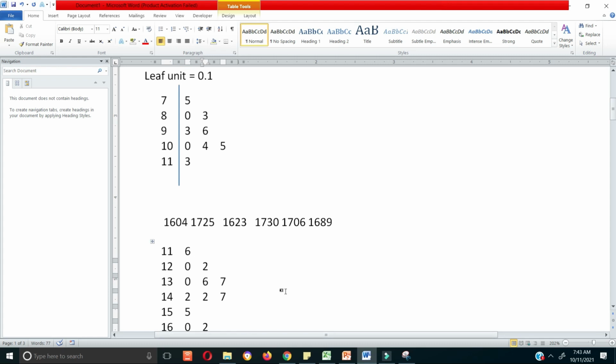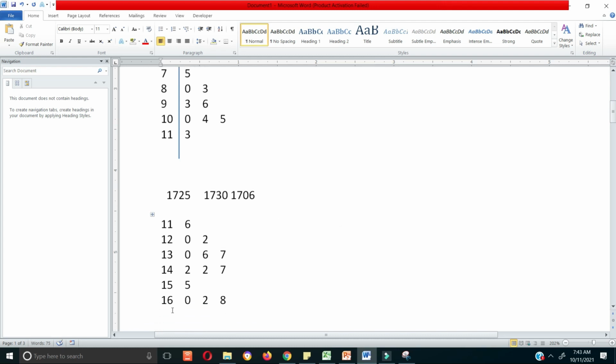Then we have a 1680s. Like I said, this is approximate, so we don't need to put the last. It depends on the leaf unit that you use, but with the leaf unit I intend to use, I don't really need these.